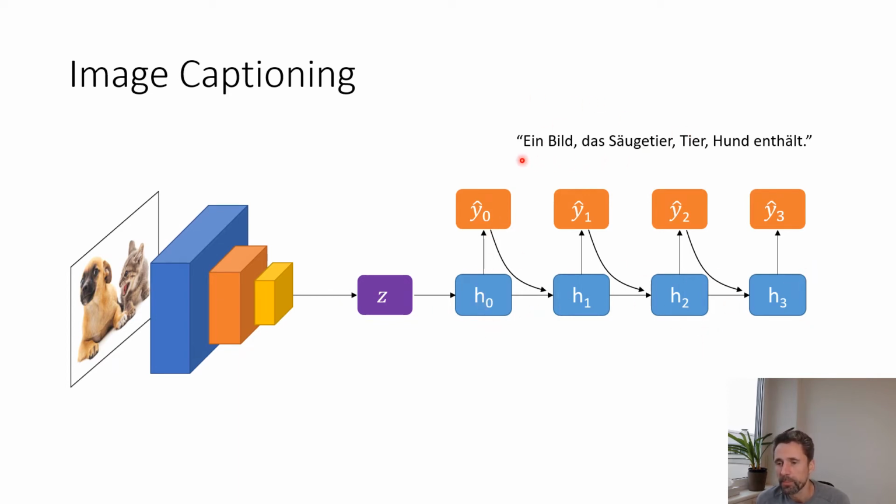And by the way, the PowerPoint software that I used to create this lecture did exactly that. It generated an image description that reads: an image that mammal, animal, dog contains.